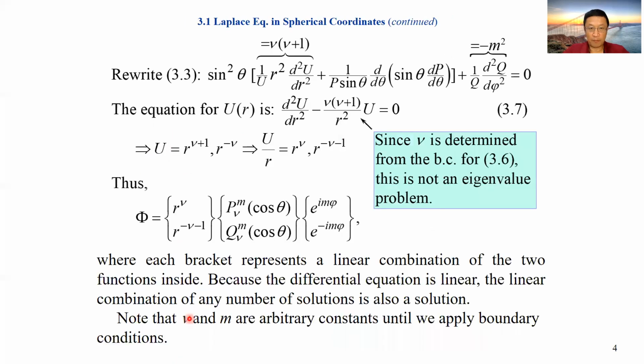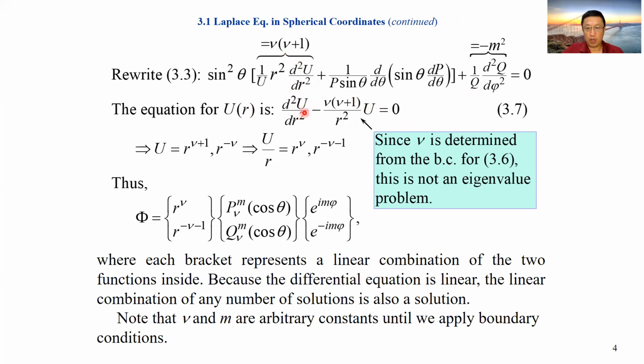Next page. Okay, so let's rewrite this equation again. And we just solved the phi dependence and theta dependence. How about the r dependence? The r dependence will be relatively easy.